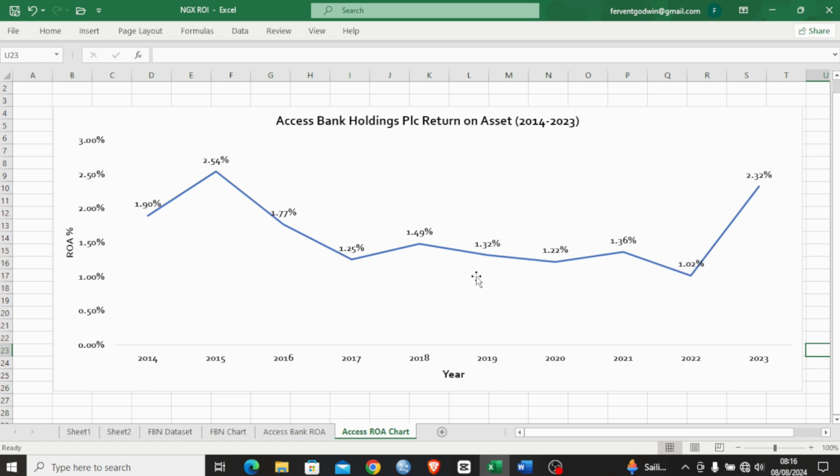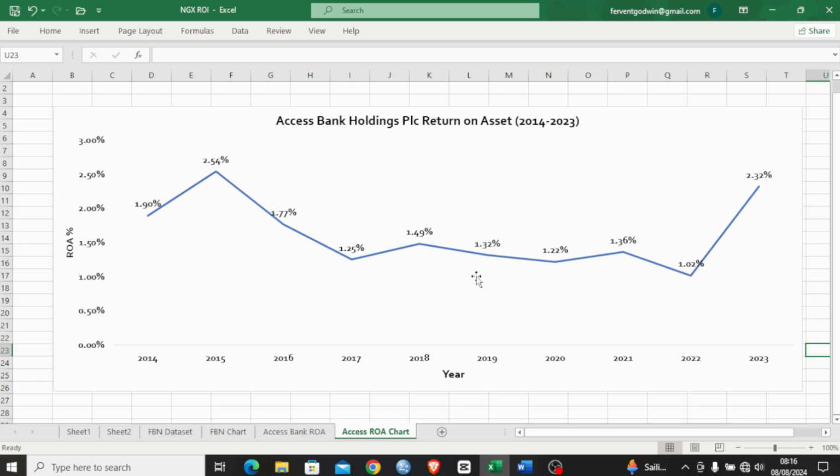there are some factors that can affect return on assets. Factors like asset utilization: if there is efficient use of assets, it can contribute to higher return on assets, so it contributes to profitability.